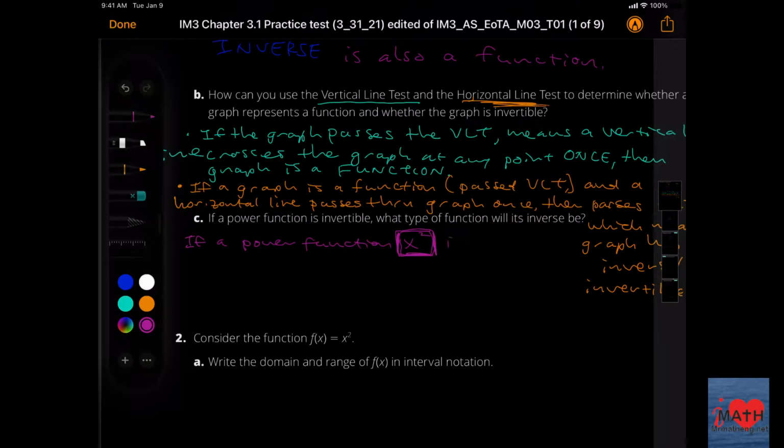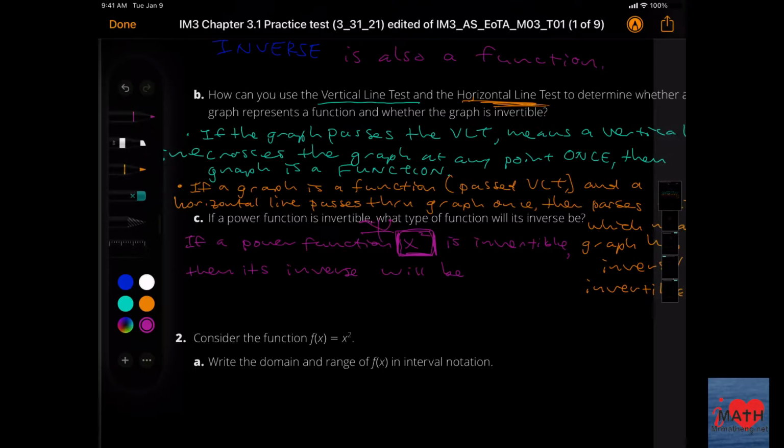If this power function is invertible, meaning it passes the horizontal line test and the vertical line test, then its inverse will be what? Remember x to the second is a parabola, right?